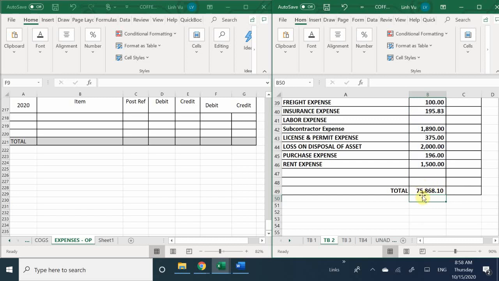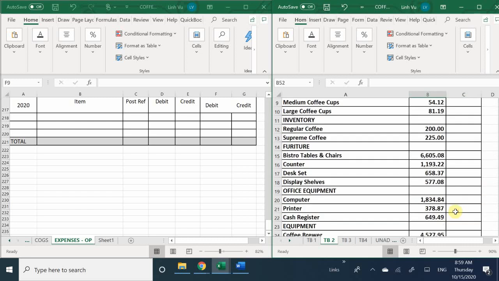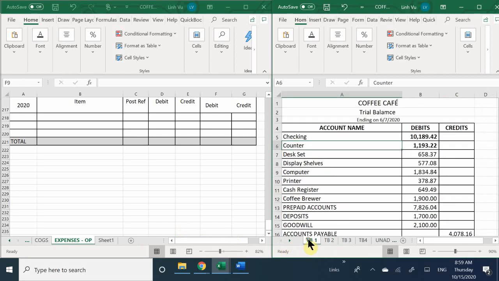So I have 775,868.10, and they do balance. So that means I did my accounting accurately and correctly. So comparing from the first trial balance, right?